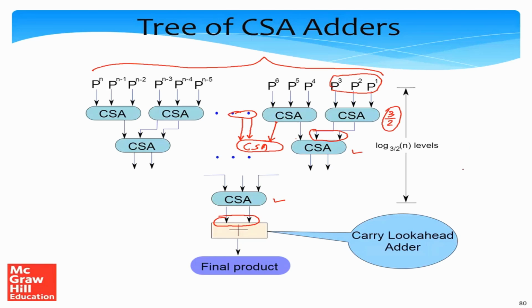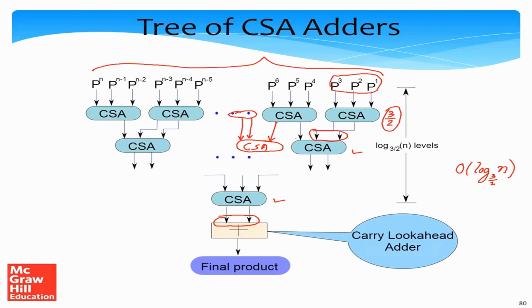So the approximate number of levels that we will require is order of log of n to the base 3 by 2. Why 3 by 2? It is 3 by 2 because at every level we are decreasing the number of partial sums by a factor of 3 by 2.